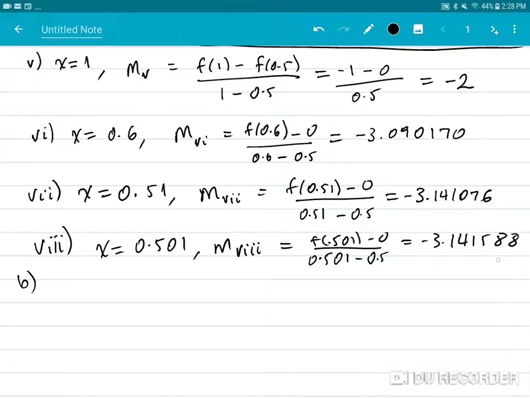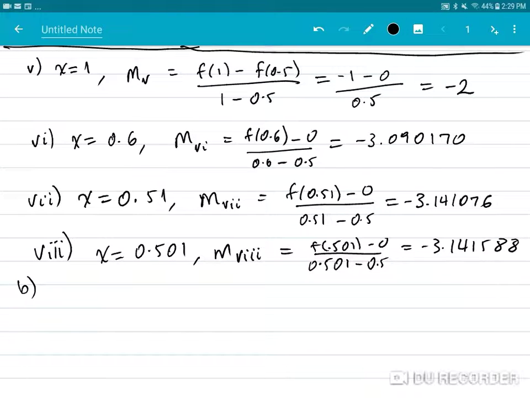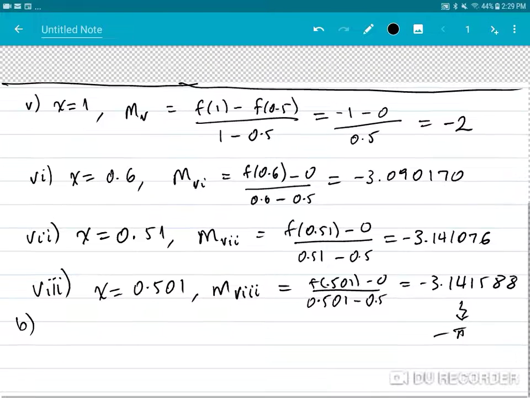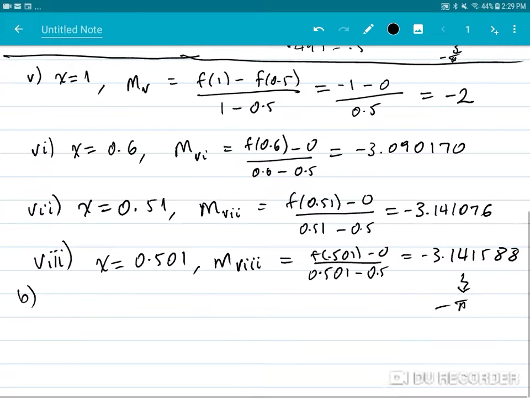So we'll be using negative 3.14. It looks like it's approaching negative pi.